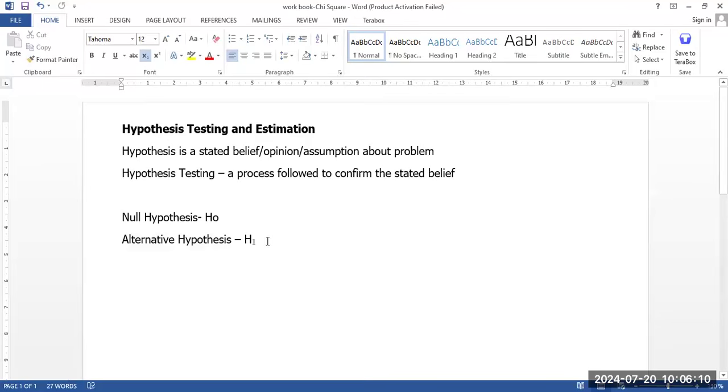So as you approach these questions, you should have that in your mind, that in any number about hypothesis, I must have two options, the null hypothesis and the alternative hypothesis, especially if you want to test the belief.